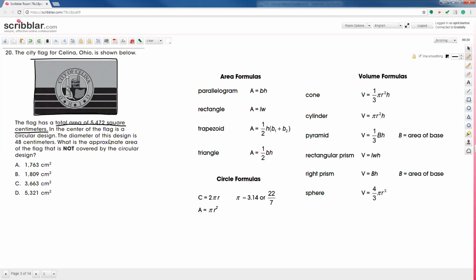The diameter of this design is 48 centimeters. Some more key information. What is the approximate area of the flag that is not covered by the circular design? So more key words here. We want approximate area not covered by the circular design. We don't want the circle.